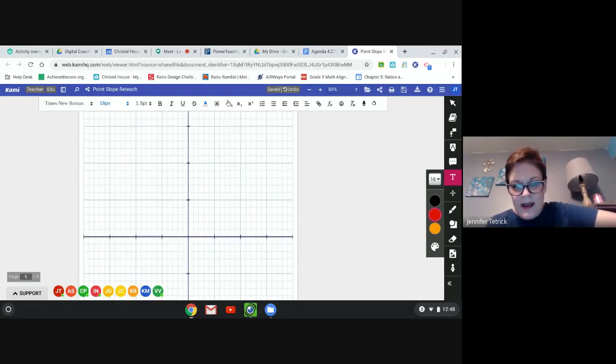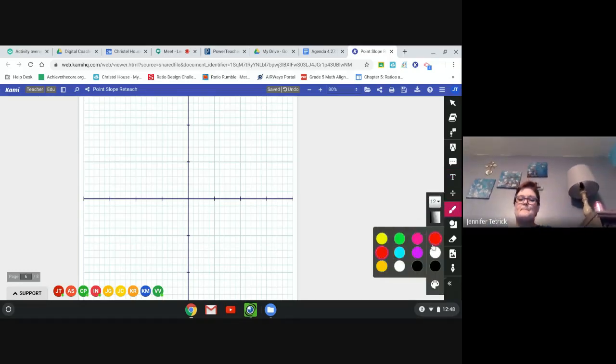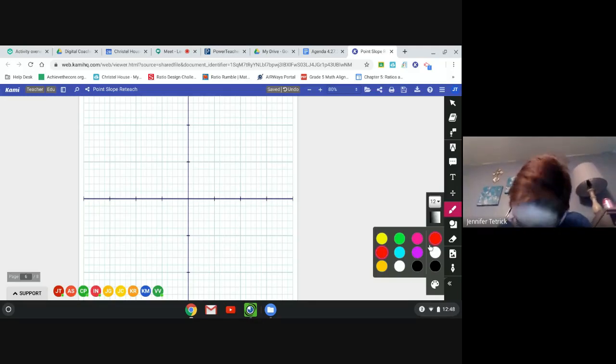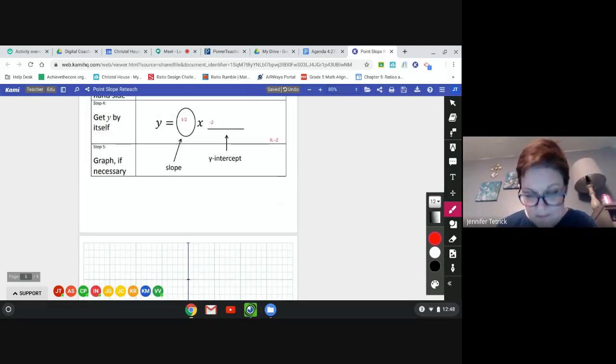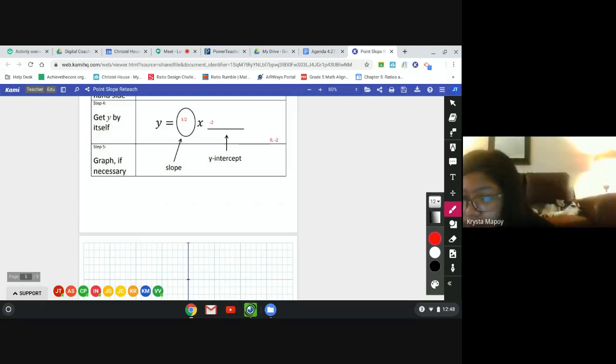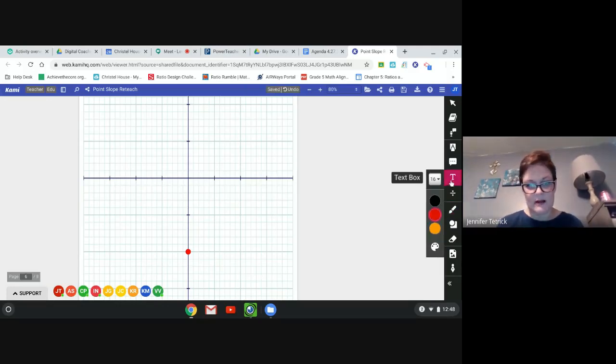Where do I start on this graph? What was my y-intercept? 0, -2. Thank you to that person. So I'm going to put that here, and then I'm going to type 0, -2.